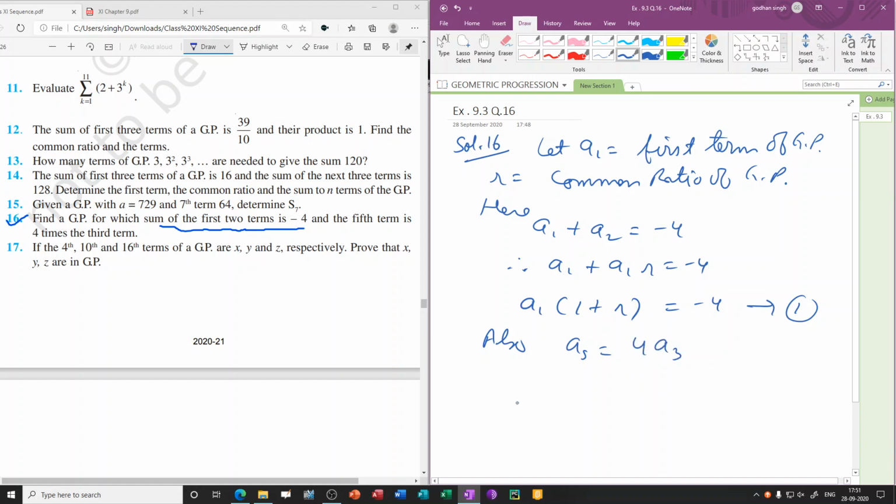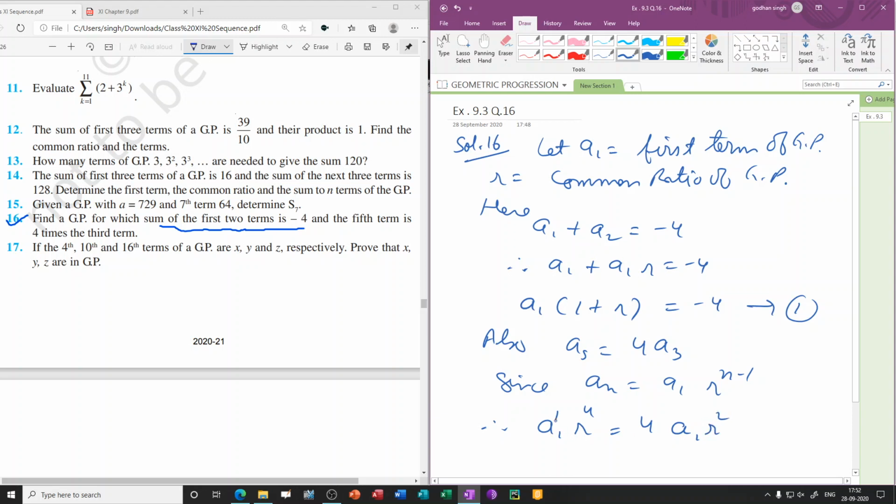Now, since an equal to a1 into r raised to n minus 1, we'll apply this formula of the nth term. Therefore, a5 can be written as a1 into r raised to 1 number less than 5, that is 4, equal to 4 into a1, now 1 number less than 3, that is 2, so that is r square.